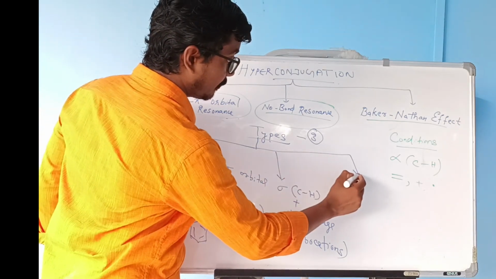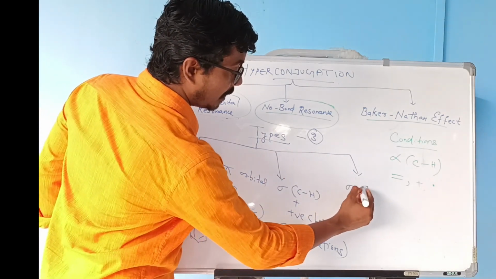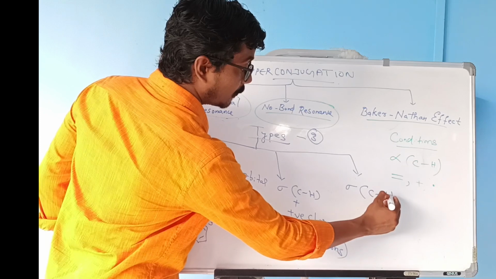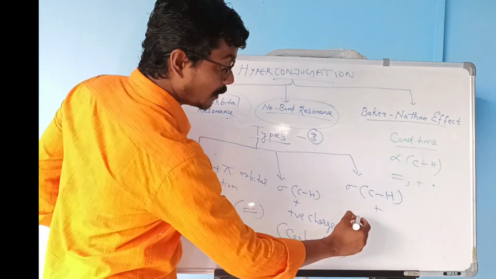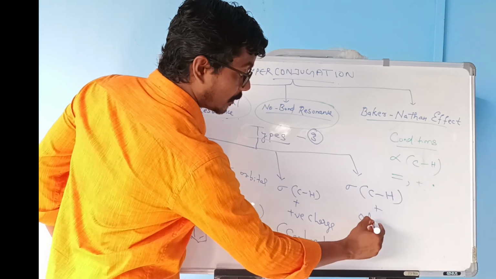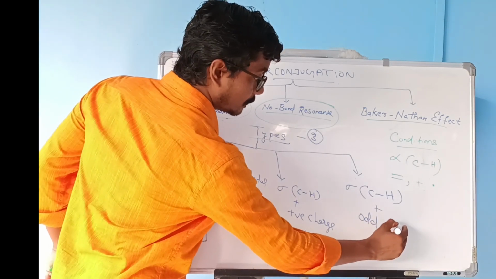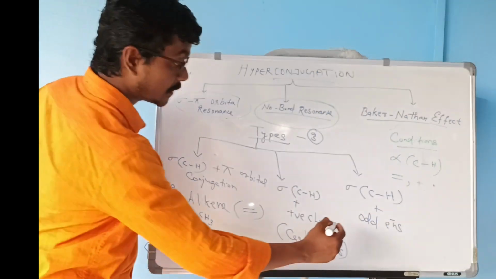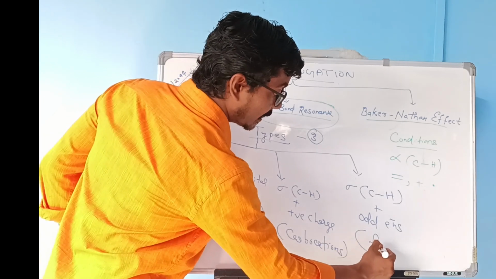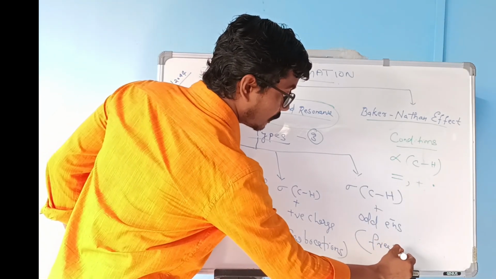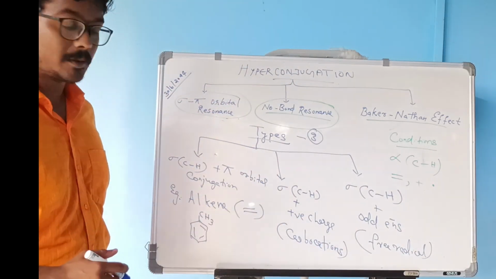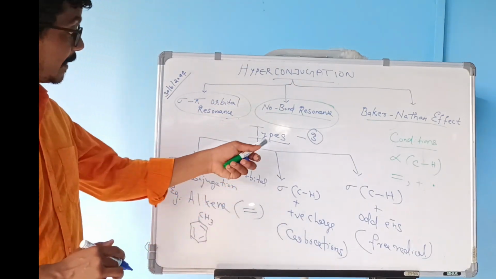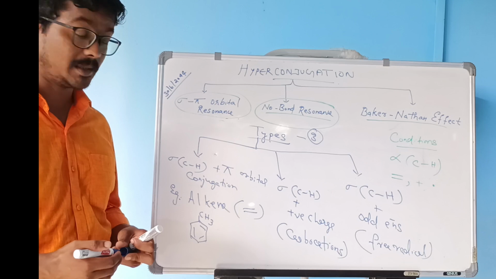And the third type is sigma electrons of alpha carbon and hydrogen with the odd electron. So we have already discussed free radical cases just before. These are the three types of hyperconjugation possibilities.